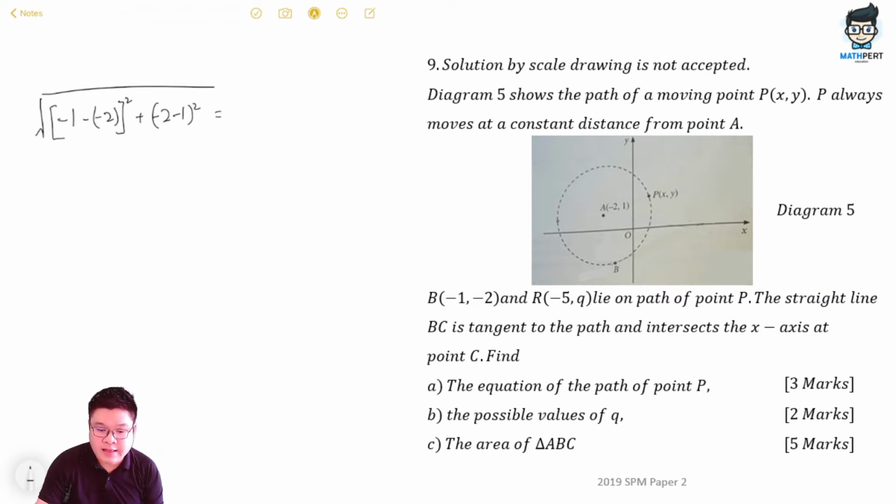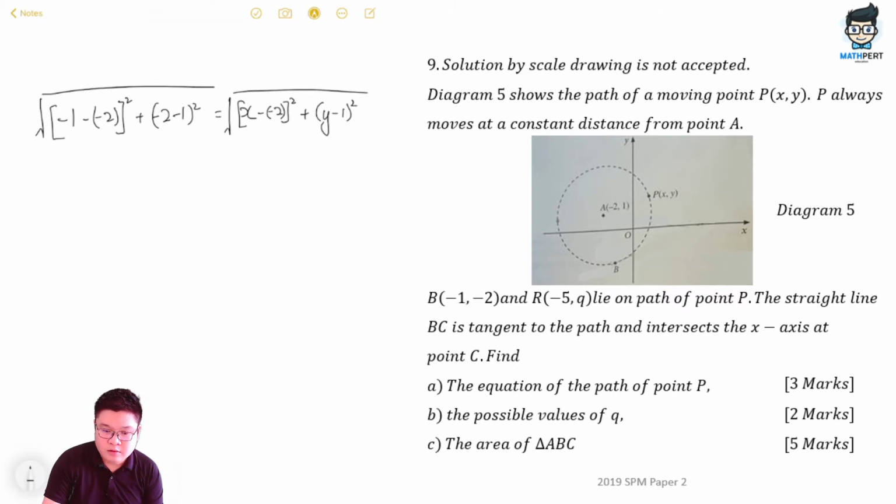And then for another point, we use A and P, because P is a moving point. We definitely need the x and y. So this will be (x minus -2), the whole thing in brackets squared, plus y, which will be (y minus 1) squared, all square root.